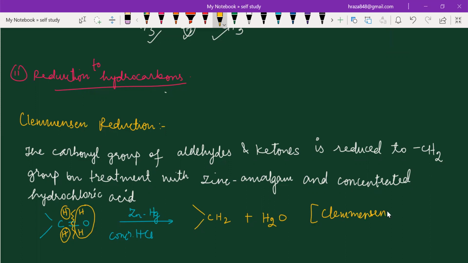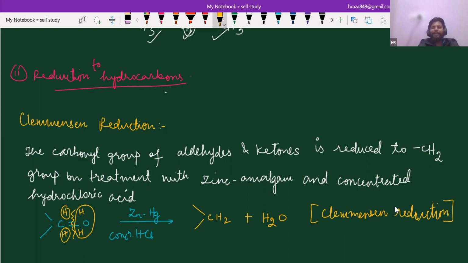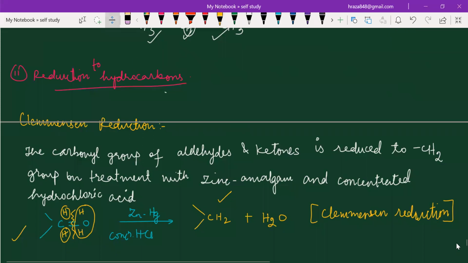Sir, how did we get 4 hydrogens? What is reduction? Addition of hydrogen. Carbon already has 2 bonds, that means carbon is making 4 bonds before, and after the reaction carbon is making 4 bonds. Let me explain again.